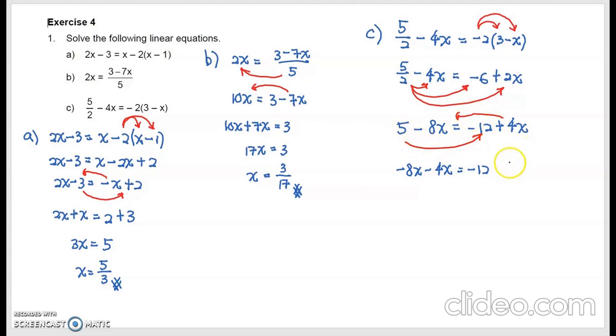When I move to the right hand side, minus 5. So here is negative 12x is equal to negative 17. x is equal to negative 17 over negative 12. And you know negative negative will become positive. So the answer will be 17 over 12. This is the answer for question C.